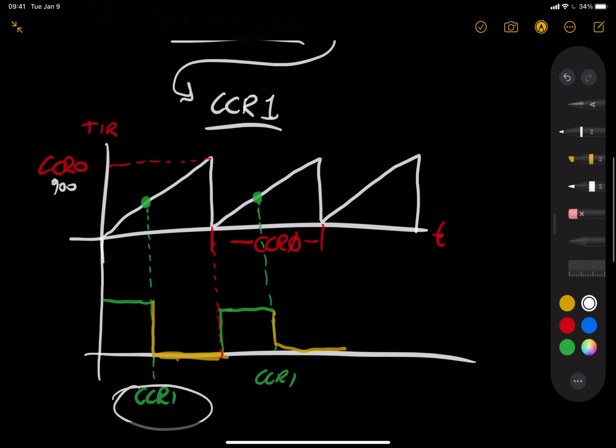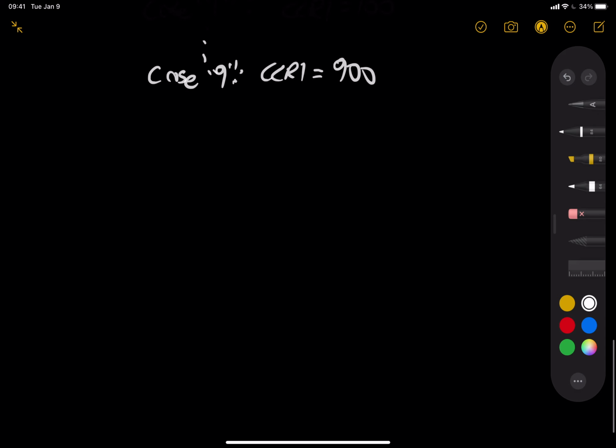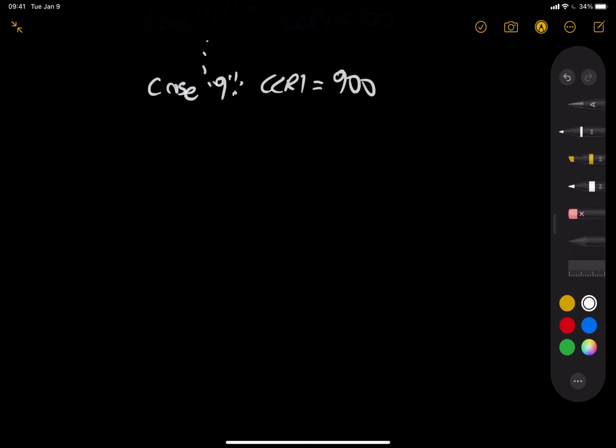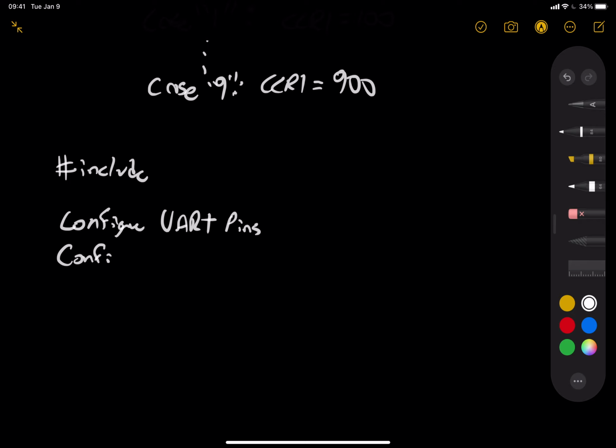Okay, so our code overall, we pseudocoded the interrupt service routine. So really what this is going to look like is, maybe we're going to have some include statements. We're going to have to do a couple things here. What functions can we run? We need to configure the UART pins, right?